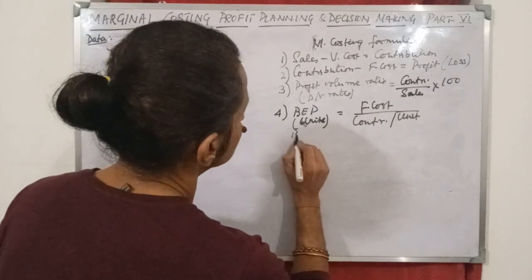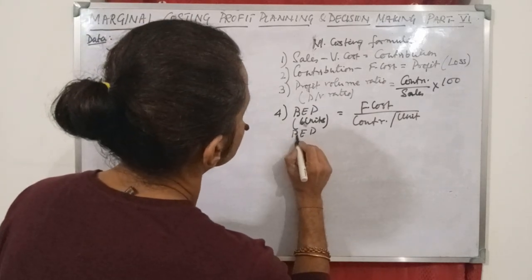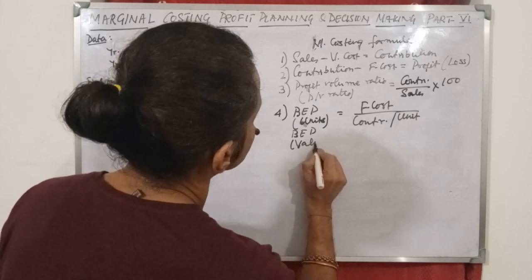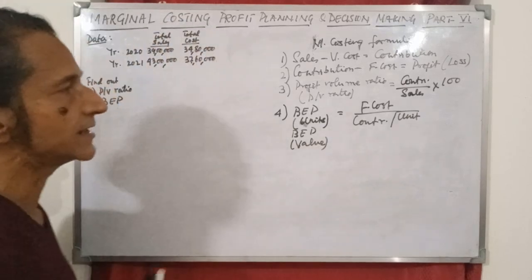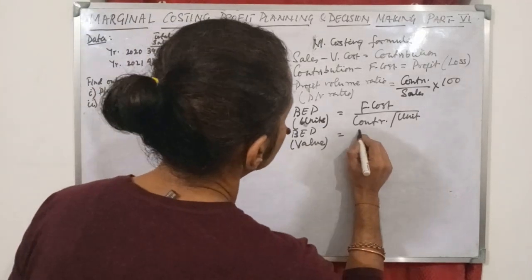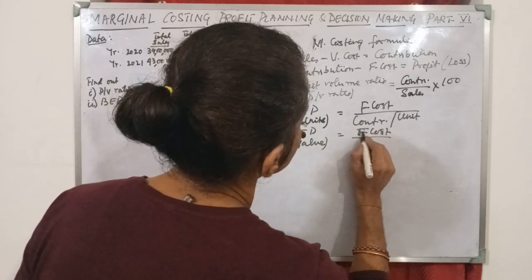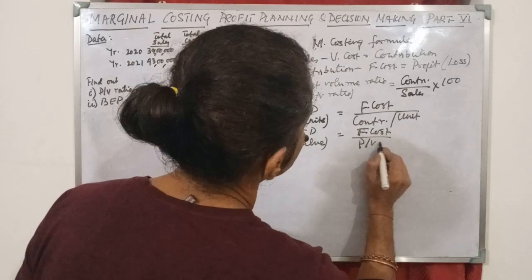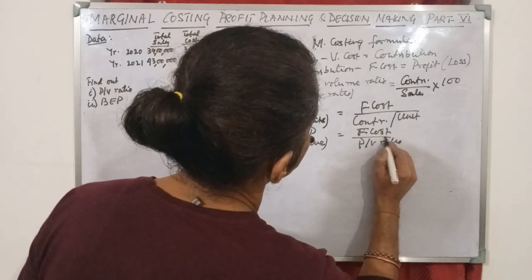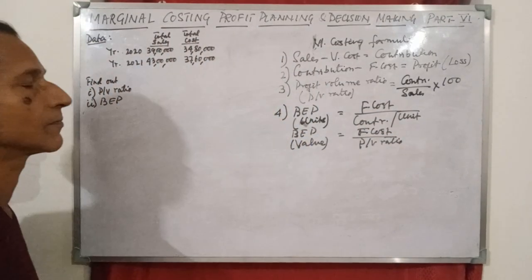And BEP in value, that is the sales value, is equal to fixed cost divided by PV ratio.